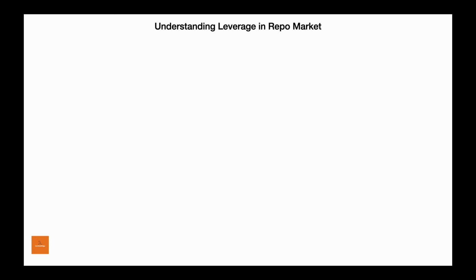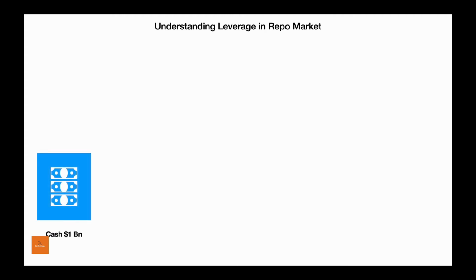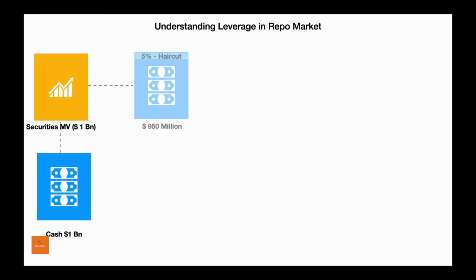Now, to understand leverage in the repo market, let's assume a NASDAQ broker dealer with cash of 1 billion and he buys securities worth 1 billion. Then he can repo the securities with a haircut of 5% by getting $950 million.